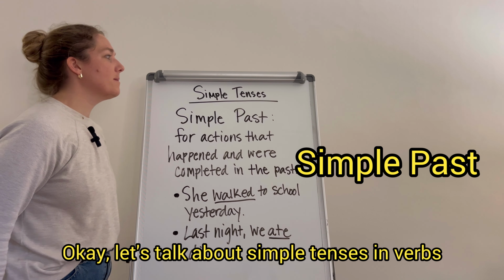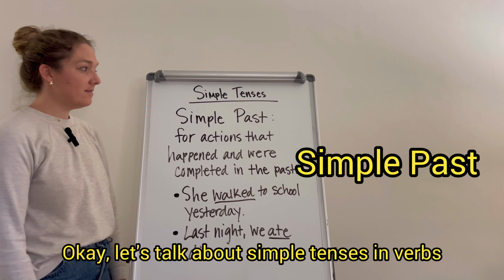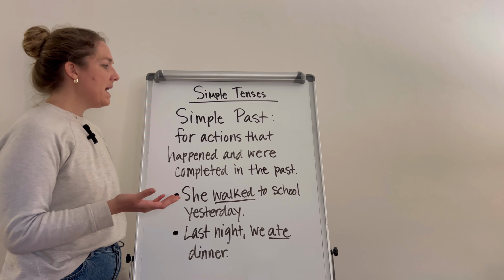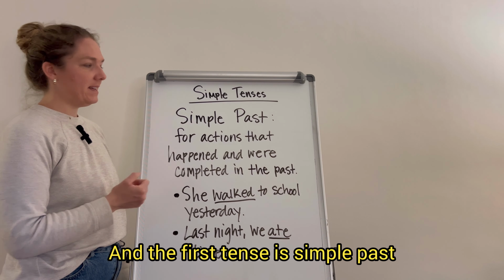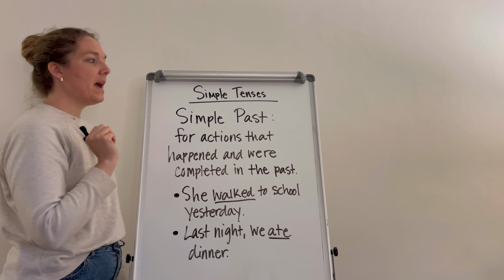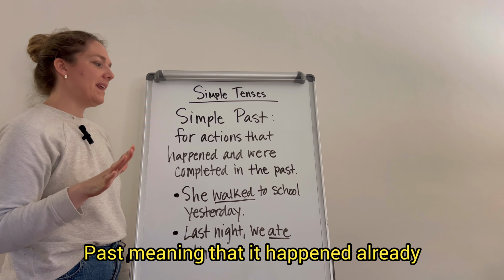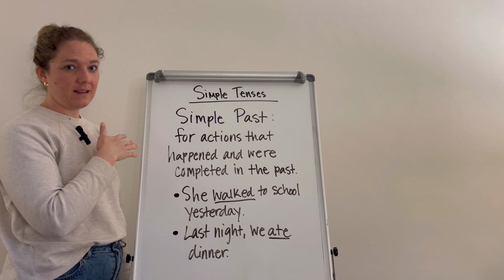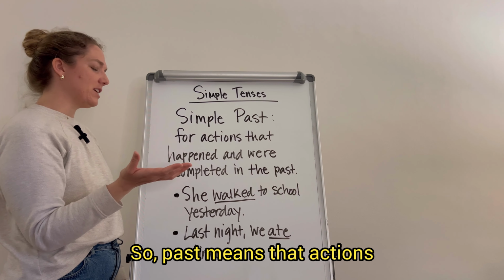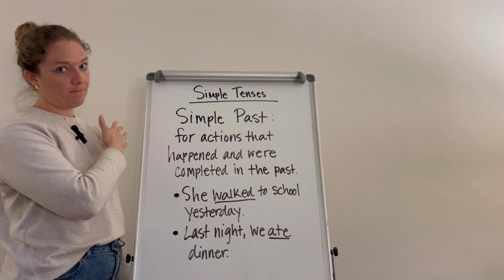Okay, let's talk about simple tenses in verbs. The first tense is simple past. Past meaning that it happened already and is completed. So past means actions that happened already.